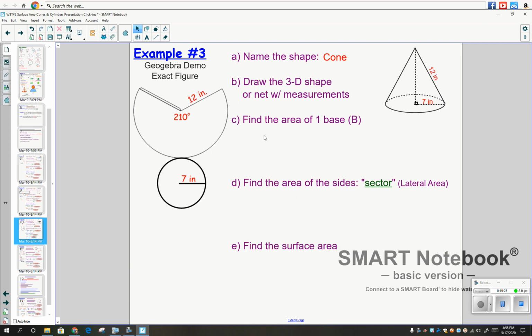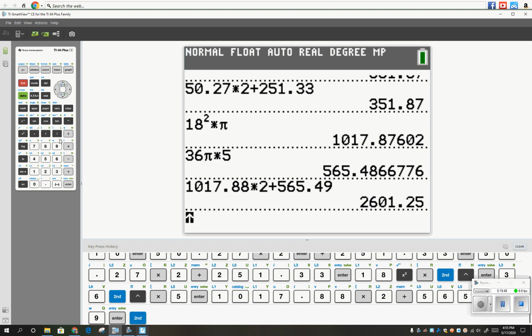So let's find the area of the base. What shape is the base in? Yeah, it's a circle. How do I find the area of a circle? Pi r squared. The radius of the base is 7 inches. So pi times 7 squared, 7 squared is 49. So the exact would be 49 pi, but we're going to use the decimal approximation.